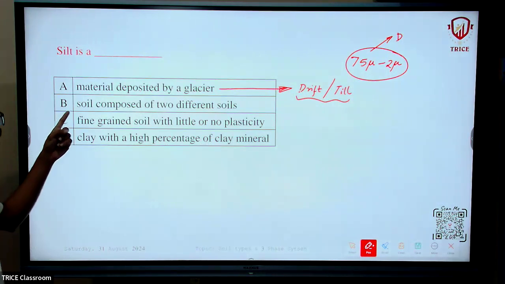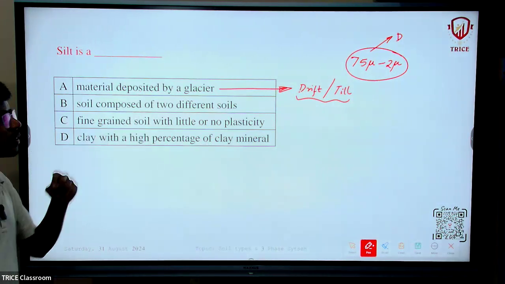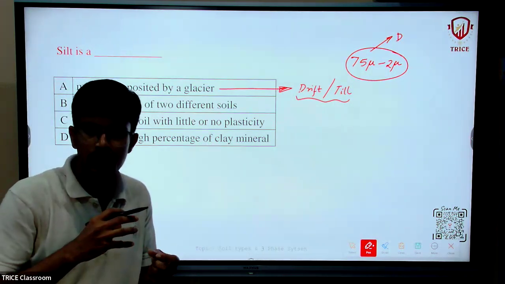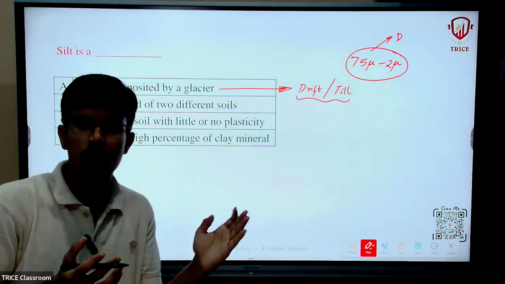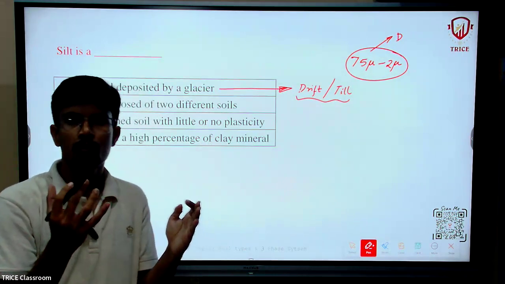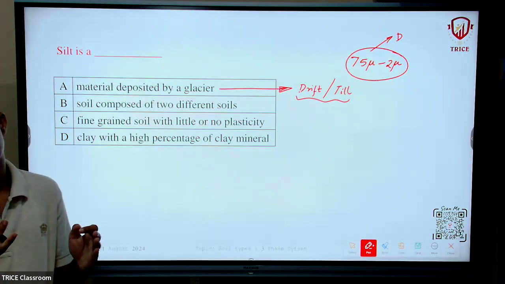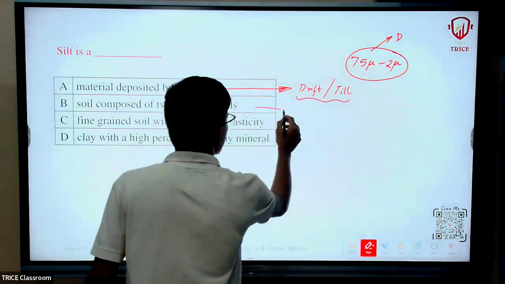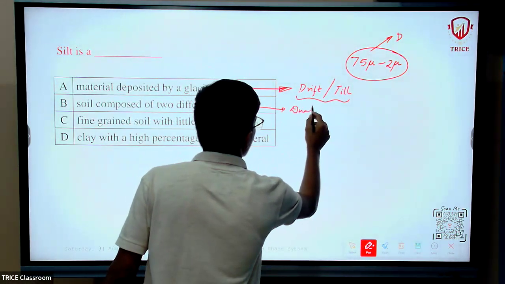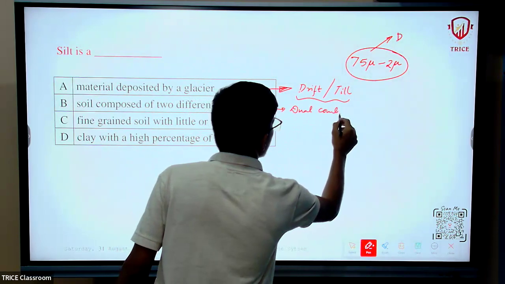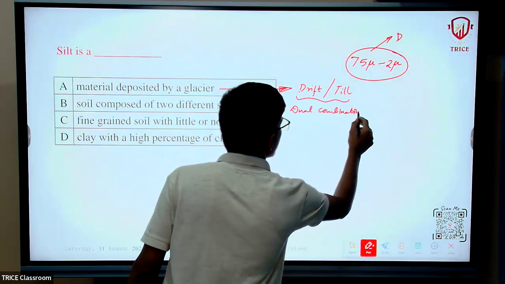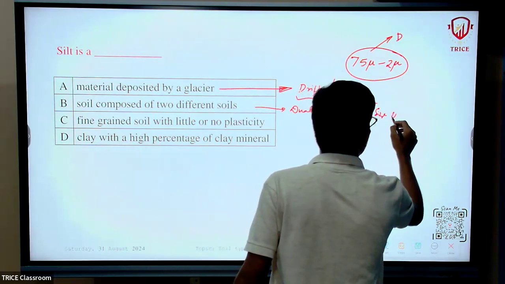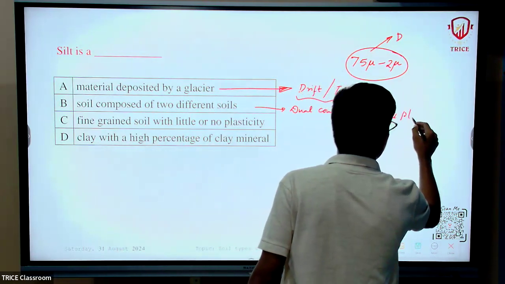The second option: the soil is composed of two different materials. A certain portion of the soil may be bigger, coarser particles, and some of the particles possess cohesion values, which we call plasticity characteristics. This comes under dual combinations: the first regarding the size of the particle and the second regarding plasticity characteristics.